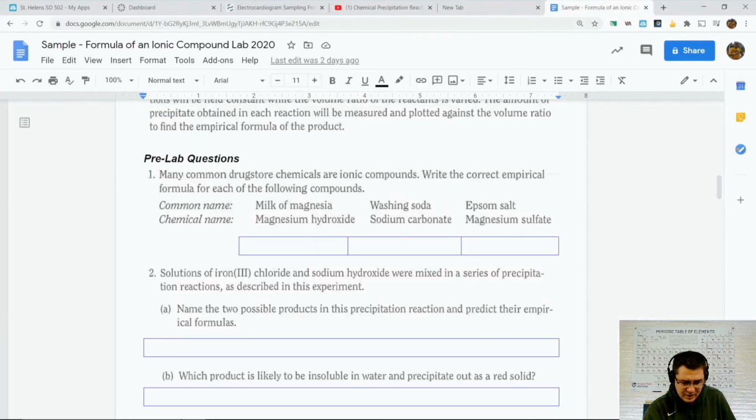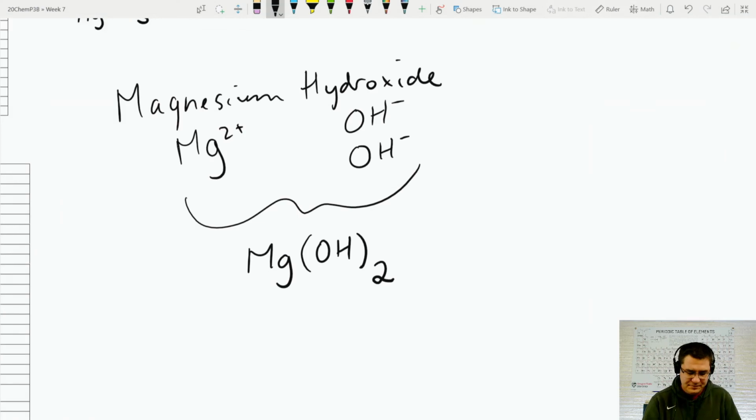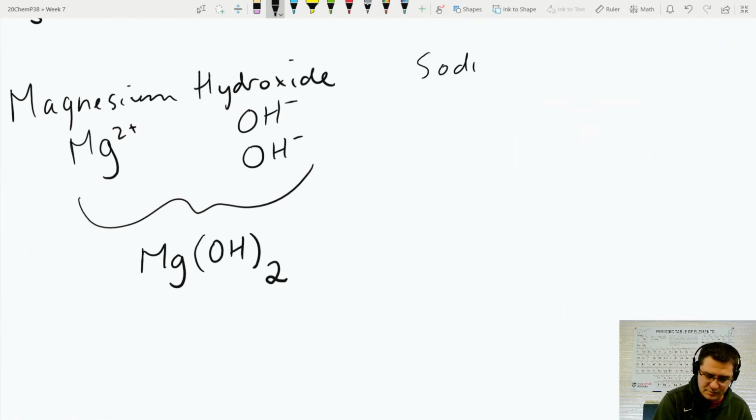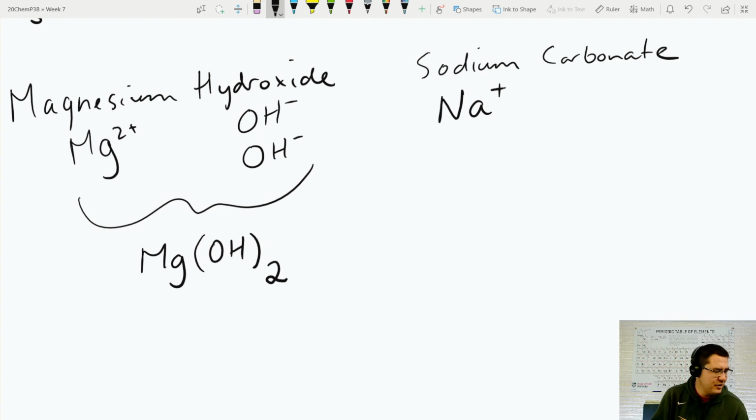Do one more. Let's look at sodium carbonate. So sodium is in group 1. It likes to lose one electron, Na+. And carbonate, you're like, oh, it doesn't end in ide.